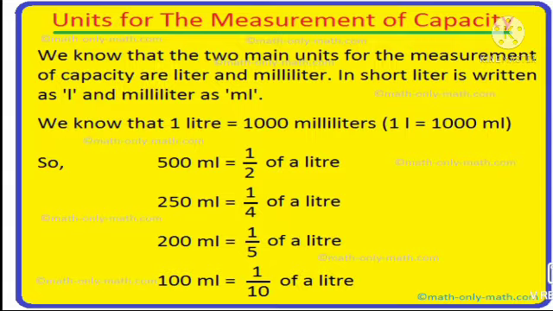We know that 1 liter is equal to 1000 milliliters. 500 milliliter is equal to half of a liter. 250 milliliter is equal to quarter, 1/4 of a liter. 200 ml is equal to 1/5 of a liter. 100 milliliter is equal to 1/10 of a liter.